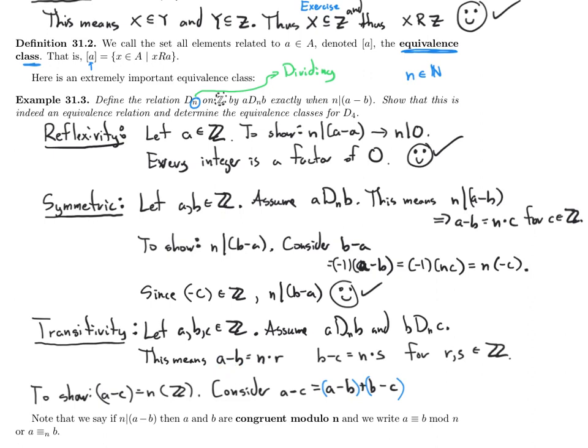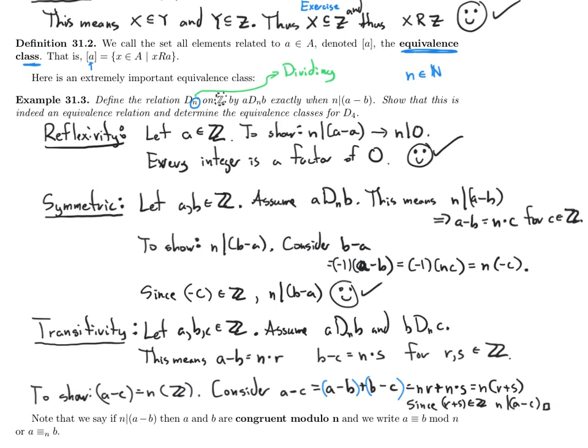I know A minus B is n times R, and I know B minus C is n times S. So this is n times R plus S, and since R plus S is indeed an integer, we have that n is indeed a factor of what we started with, A minus C.